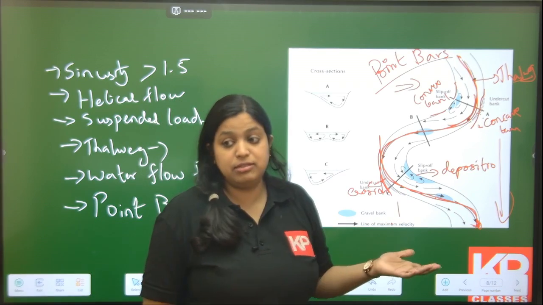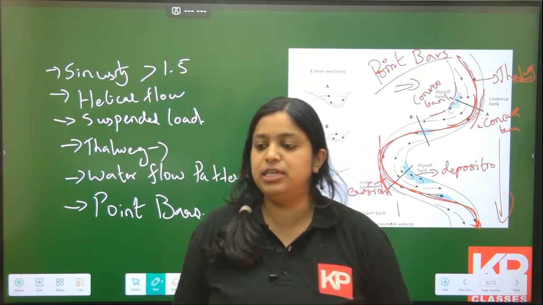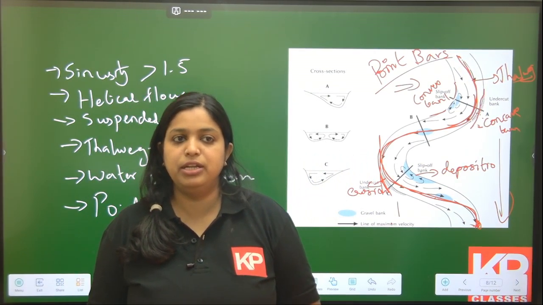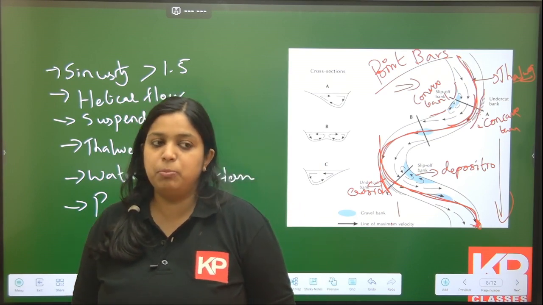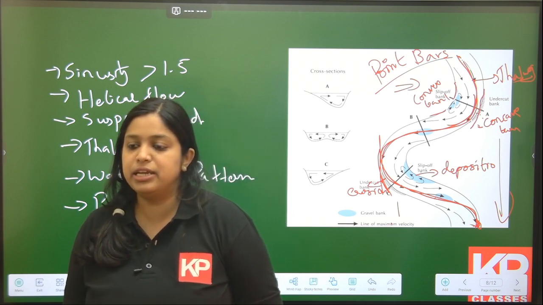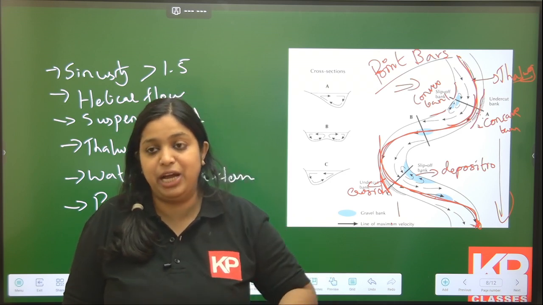So the next point is the steep channel gradient. If it is a braided channel or a straight channel, usually what happens is they are present in steep gradient terrain. In the steep gradient terrain, the downstream momentum of the flow is much higher.